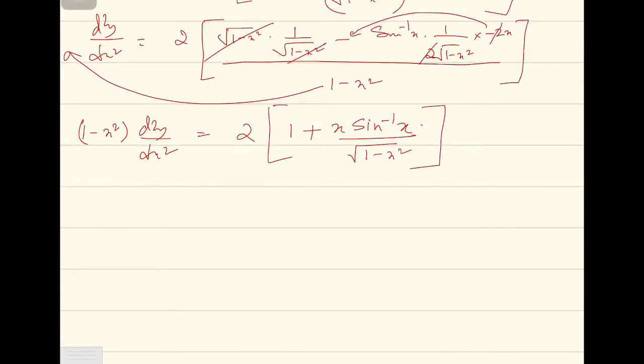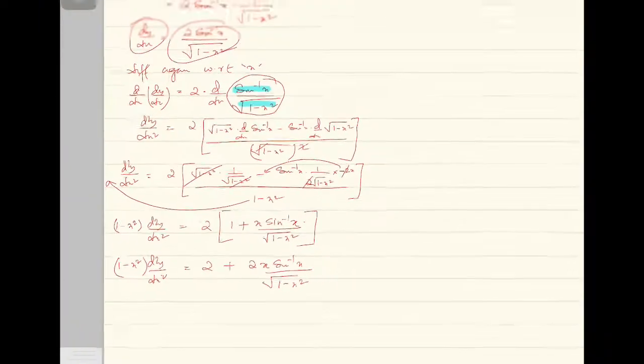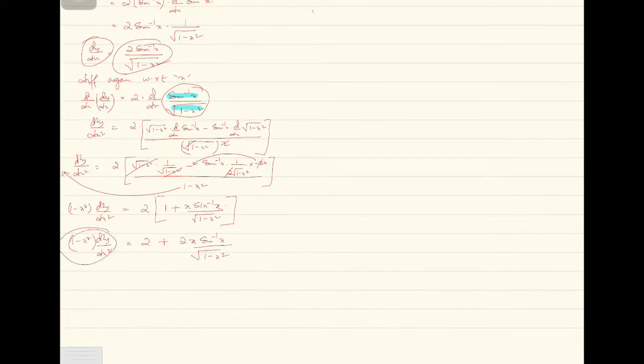Next step now, (1 − x²) d²y/dx². Then let's break the bracket. 2 plus 2x sin⁻¹x divided by under root 1 minus x². Okay, so we are very close to the answer. Let's check the answer. What do I have? I have (1 − x²) d²y/dx². This I've already got it here. Check this out, I've already got it here.